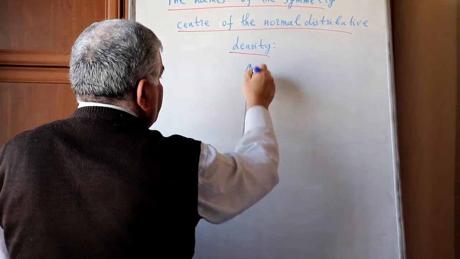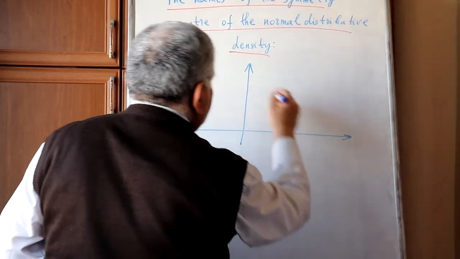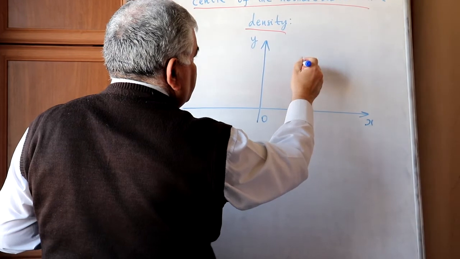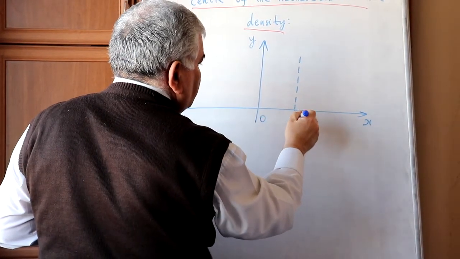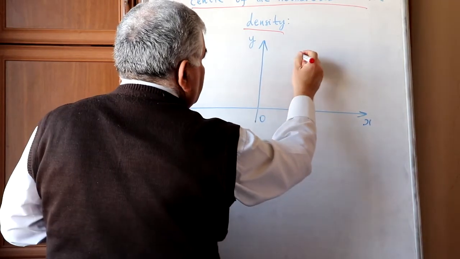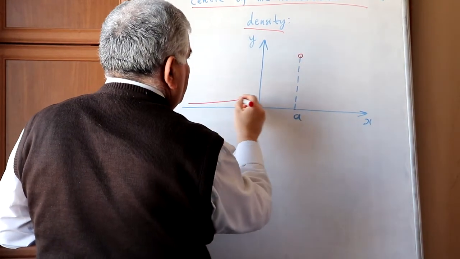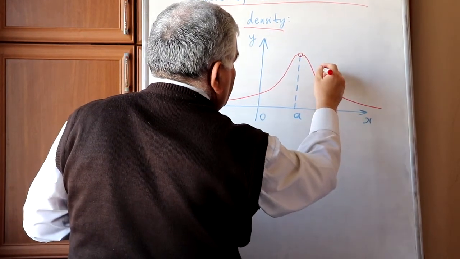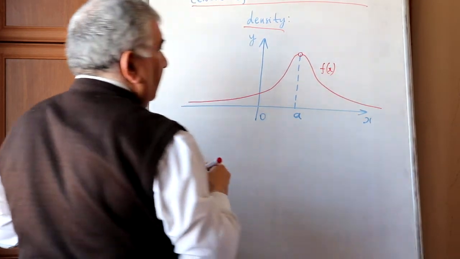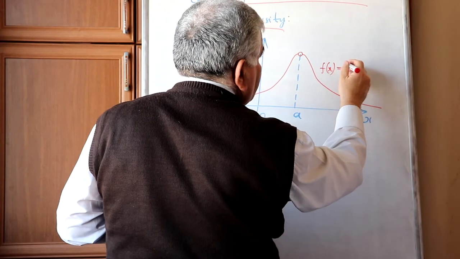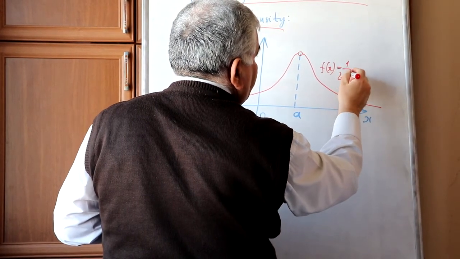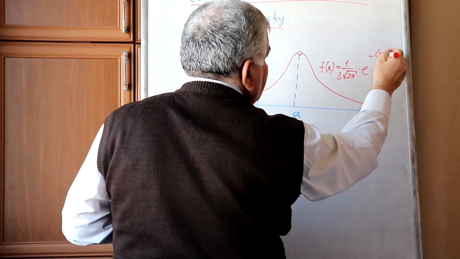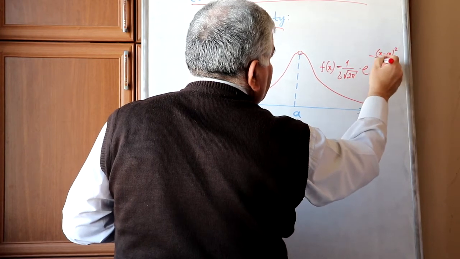Remember the graph of the normal distributive density. The normal distributive density is 1 over sigma square root of 2 pi multiplied by e raised to minus (x minus a) squared over 2 sigma squared.